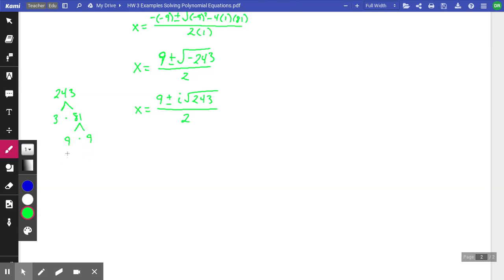And we know that 9 is 3 times 3. And so if we complete our factor tree, we have five threes at the end of our branches. And so simplifying the square root, so 9 plus or minus i, instead of putting square root of 243, we can show those 5 threes down here being multiplied.